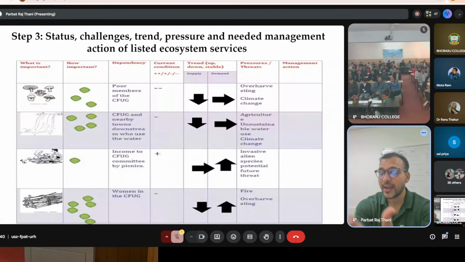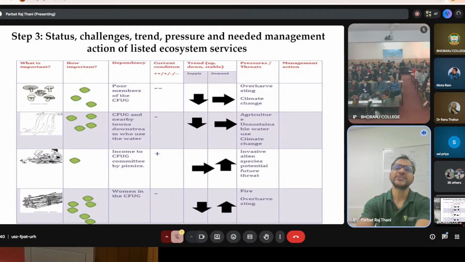Now, in another format, we started talking with them about the ecosystem services, the benefits they have been getting. For example, there were many ecosystem services: water, fuel wood, fodder, and even some medicinal plants, fruits, and many other important non-timber forest products.